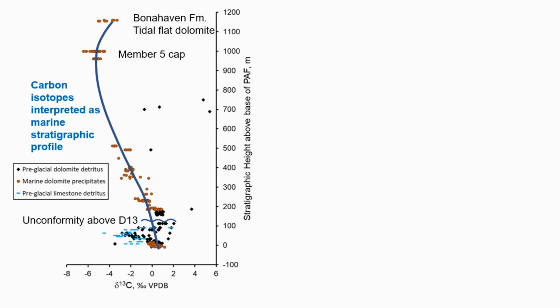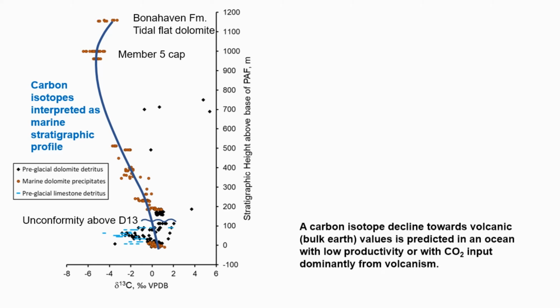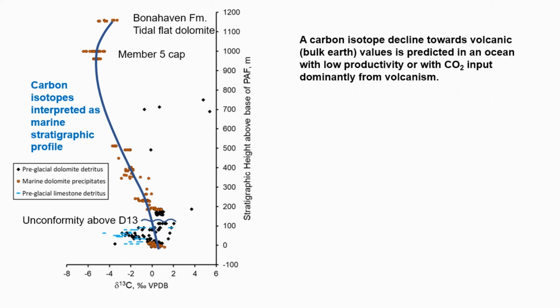So, in summary, the carbon isotope decreasing trend upwards is interpreted as a genuine marine stratigraphic profile. Now, such a trend has been predicted by modelers studying the concept of a panglacial ocean. And this trend would be a consequence either of low organic productivity or input of volcanic carbon dioxide, or both.